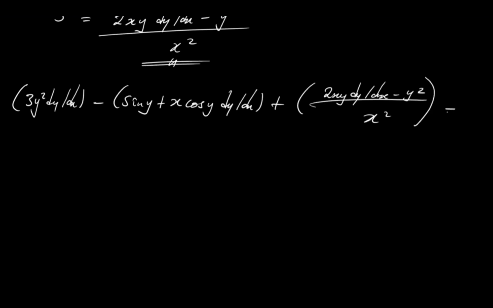And this is equal to 0. Now to simplify clearly, we can just multiply the entire thing by x squared, so that we can end up having things that are simplified.